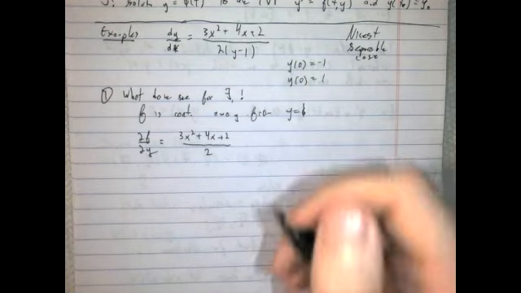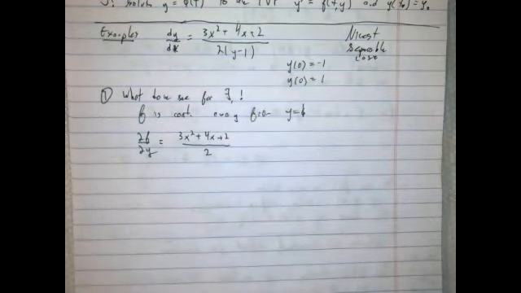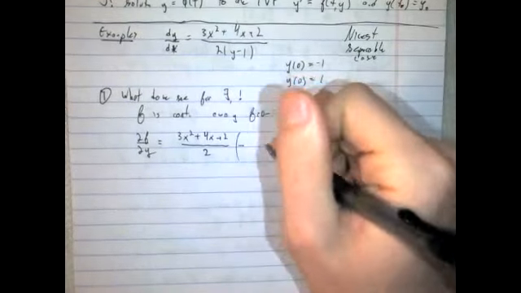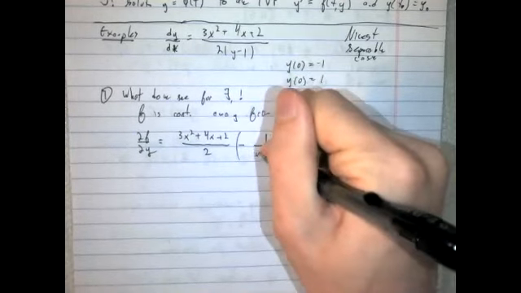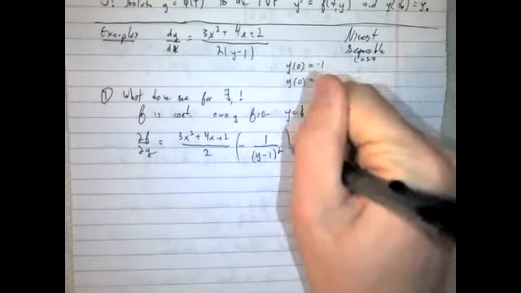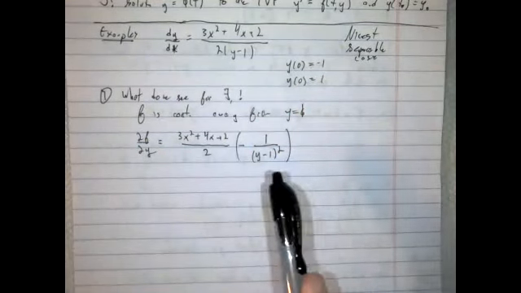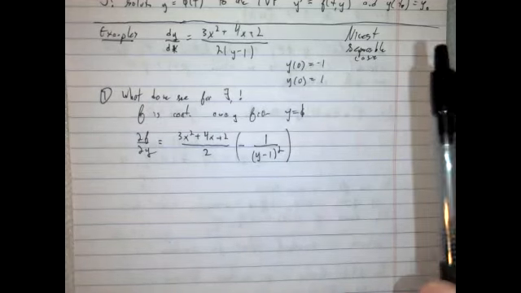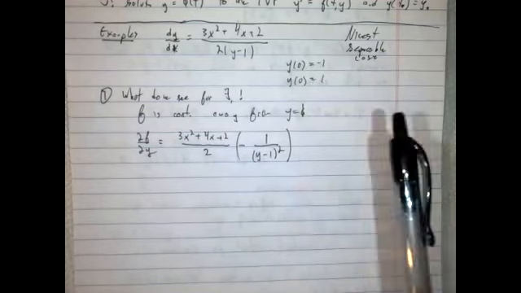Would it be like ln of y - 1? That would be the antiderivative. The derivative is a little more simple. Negative 1 over (y - 1) squared. Exactly. If we take the derivative of (y - 1) to the negative 1, we bring down the negative 1, you have (y - 1) to the negative 2, and then that's this.